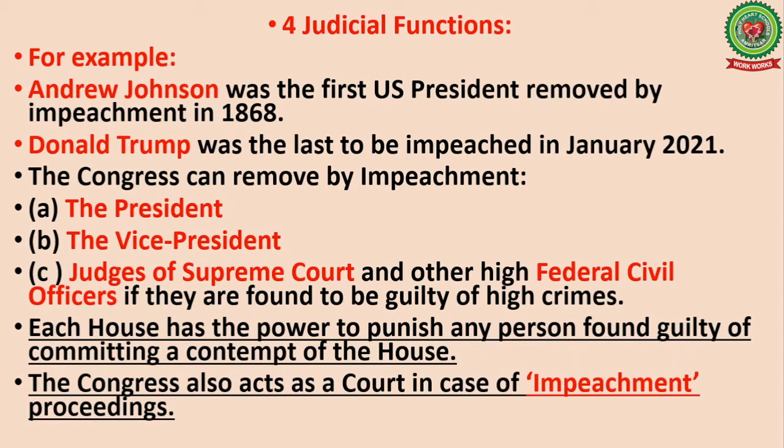The next is judicial functions. Yes, students, the word itself tells us that Congress is acting as a court. In India also, the Union Parliament acts as a court in case of impeachment. So there also the impeachment process is there when the US Congress acts as a court. The example is Andrew Johnson, the first US president removed by impeachment in 1868.